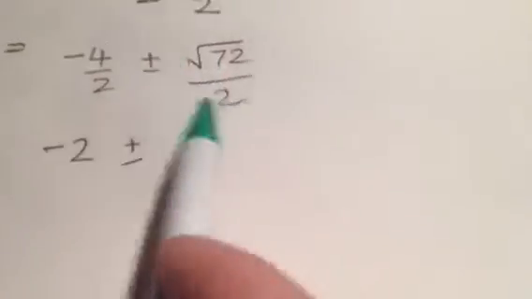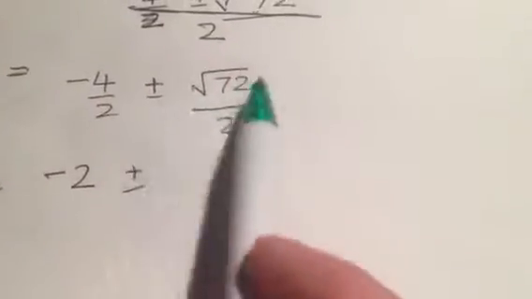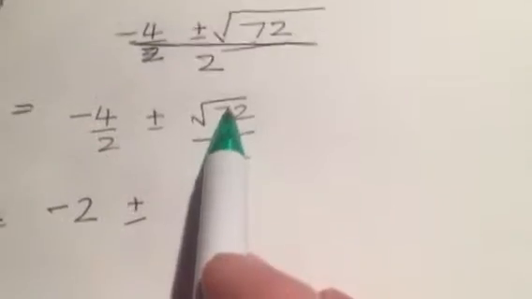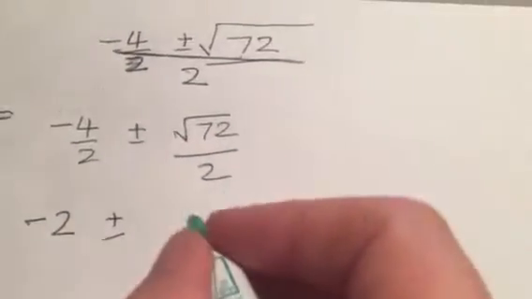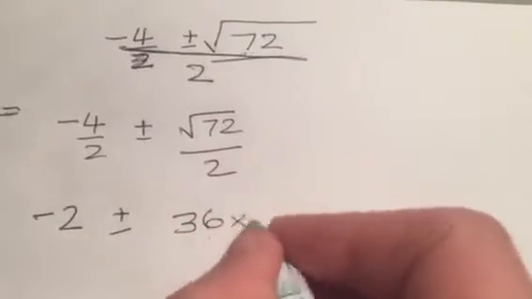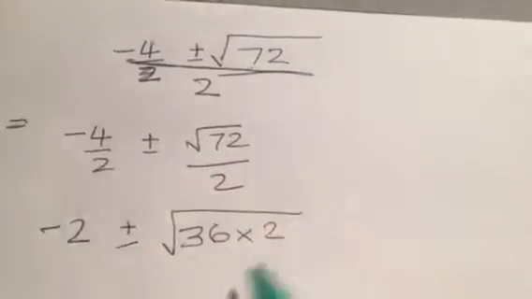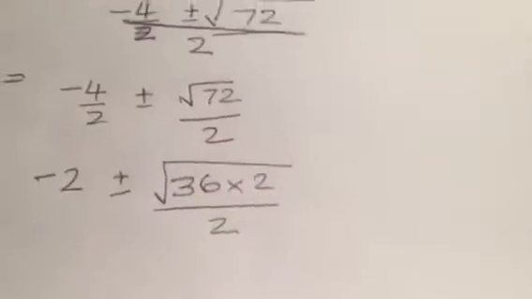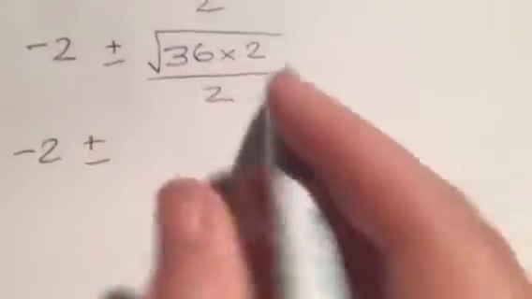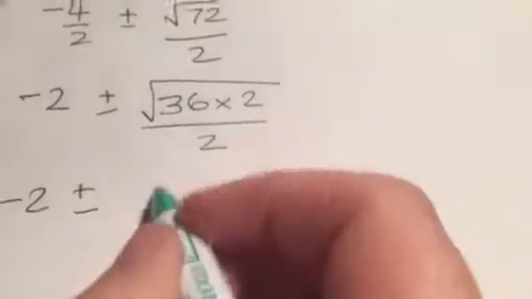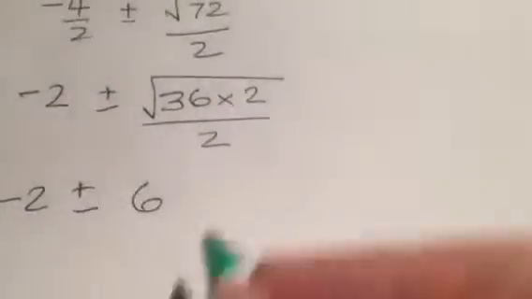But I can't cancel this unless I've simplified the surd. So again, I'm looking for square numbers. A square number that goes into 72 is 36. So 72 is 2 lots of 36. The square root of 36 is 6, so I bring 6 outside.